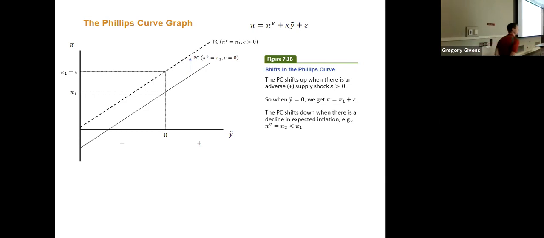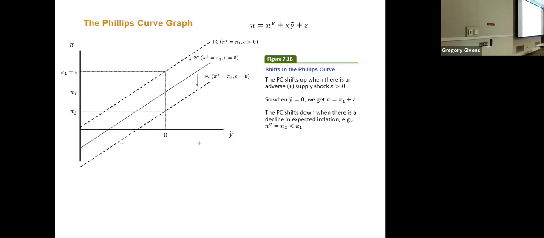What happens to the Phillips curve, let's say, if there is a sudden reduction in inflation expectations? Now firms revise their forecasts of the future, and they think the price level is going to be lower. How do you think that affects the Phillips curve? It's going to shift it down, right? So again, we'll go back to the case where there's no supply shock.